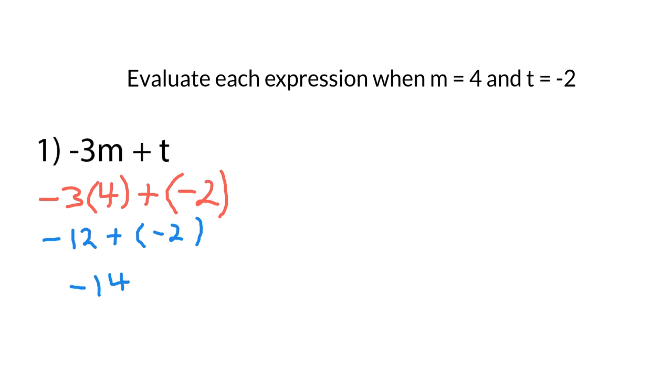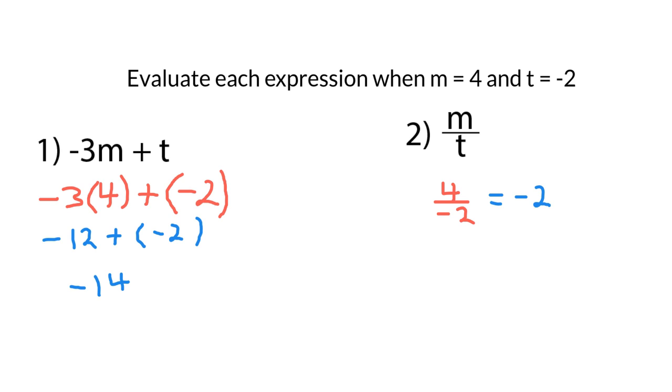Let's try another one. Number 2. In this particular case, I have m divided by t. So I'm going to substitute, as I have been doing, to replace the m with a 4 and the t with -2. And if I do 4 divided by -2, I'm going to get an answer of -2.